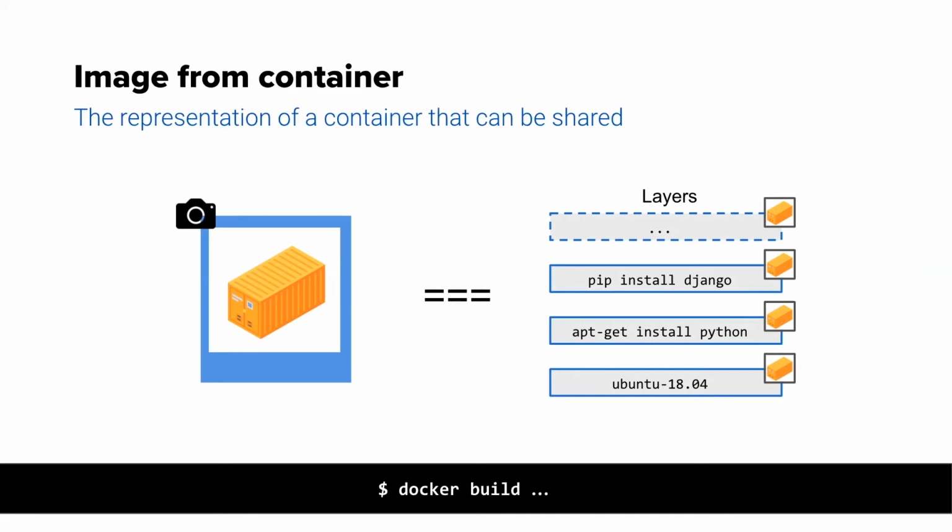If you take this image and move it to another place, you can then run the container from that image. All it will do is take these layers, combine them together in some sort of union file system, and you end up with a container that represents the original container, even though it's no longer the same container. So that's what images give you.